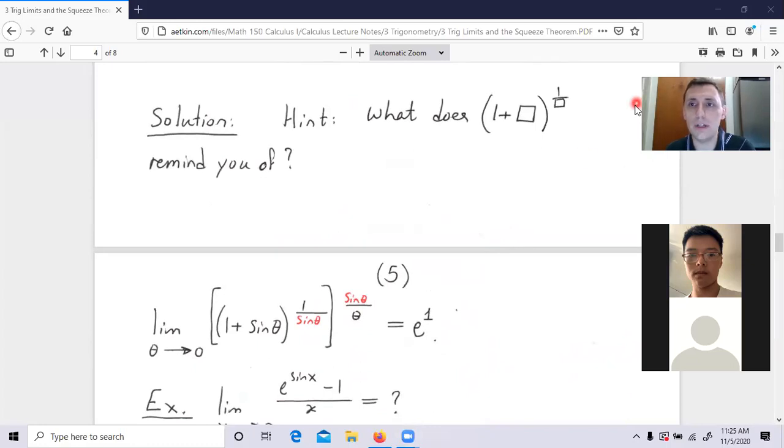Let me see if you understand the idea. Here, please tell me, what is this limit?